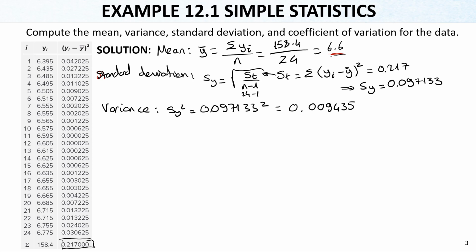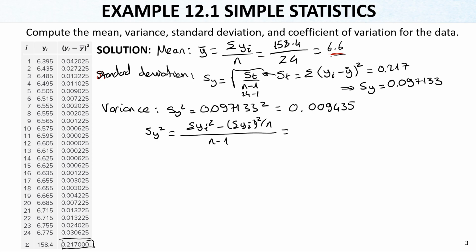This is one way, just take the square of the standard deviation. Another way, we said that we can use this formulation for Sy squared: the sum of the squares of all yi's, minus the square of the sum of all yi's divided by n, all divided by n minus 1.